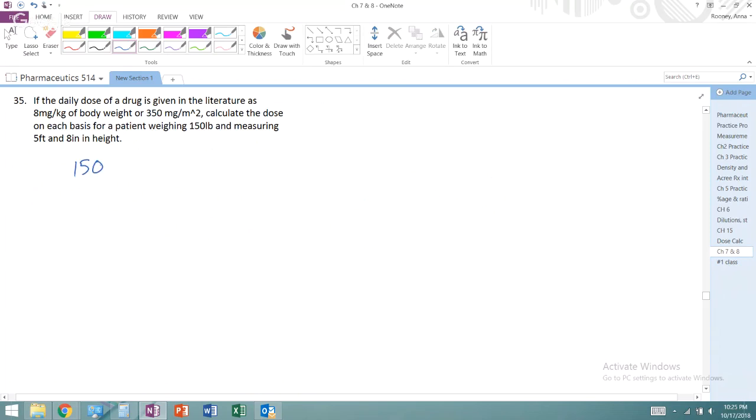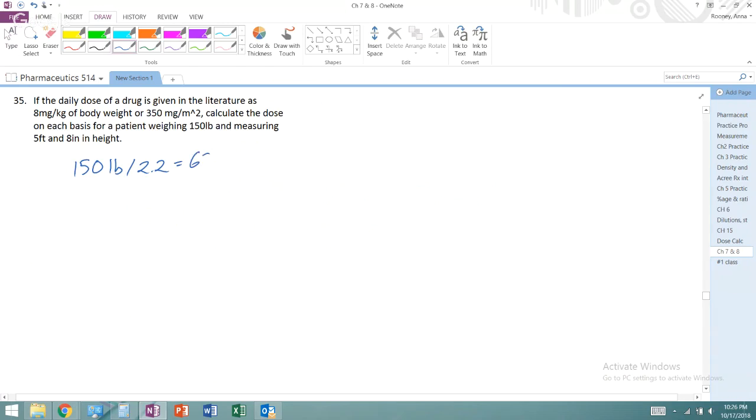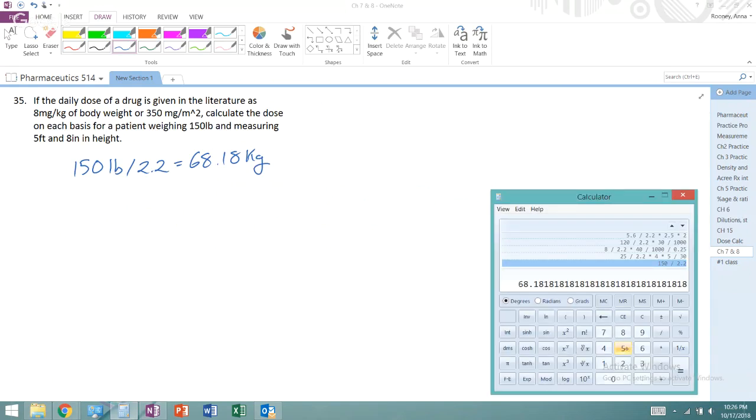So 150 pounds divided by 2.2 is equal to 68.18 kilograms. And then 5 feet, we want to change that to inches.